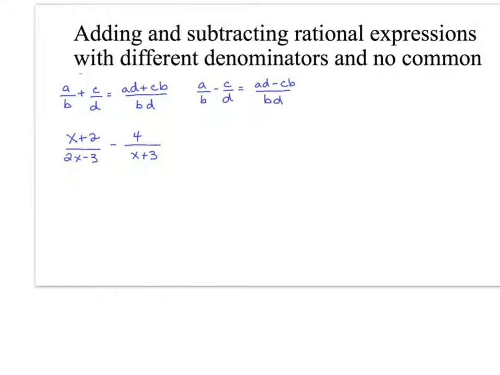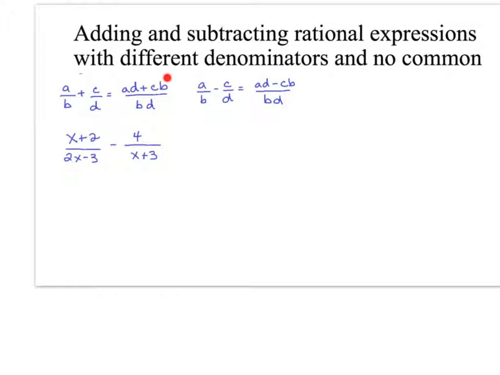Now let's look at adding and subtracting rational expressions when you have different denominators and no common denominators. So for instance, in this example, we have 2x minus 3 and x plus 3, two different denominators.